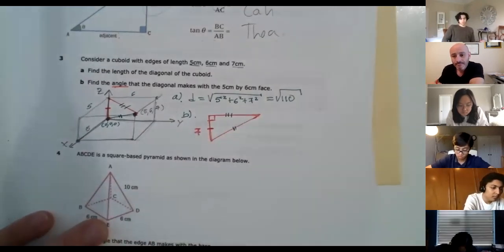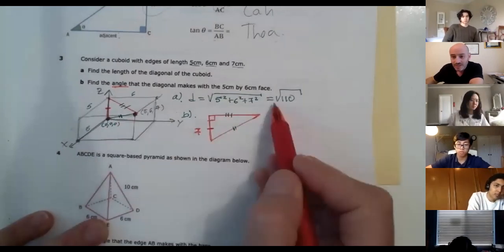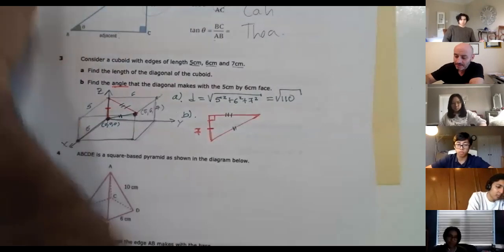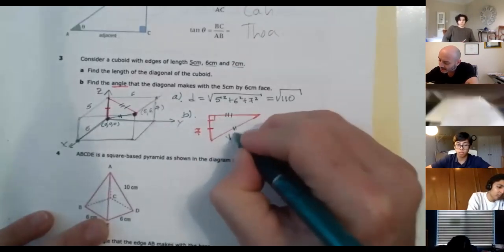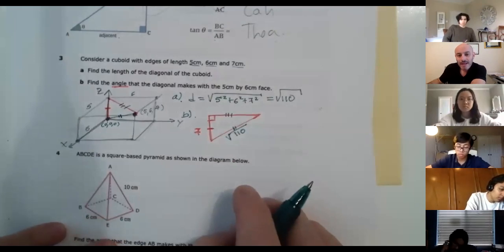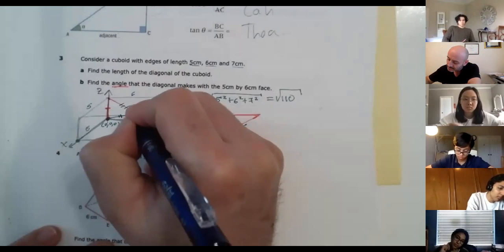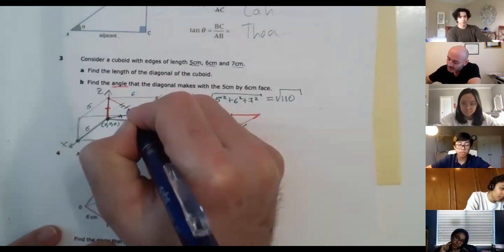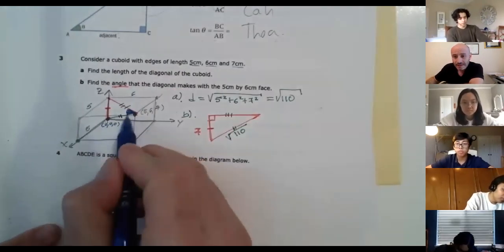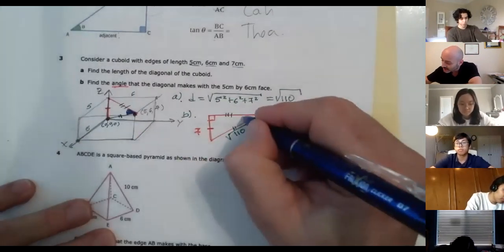The diagonal, which is this, is what we just found in the previous step. So the diagonal has a length of the square root of 110. And the angle we're looking for is this angle, because it's the angle between the diagonal and the face. So this is the angle we're looking for.